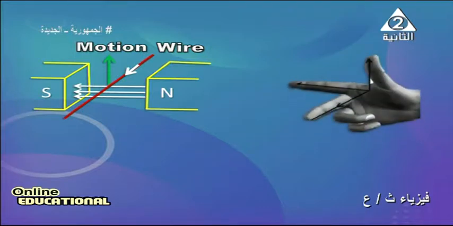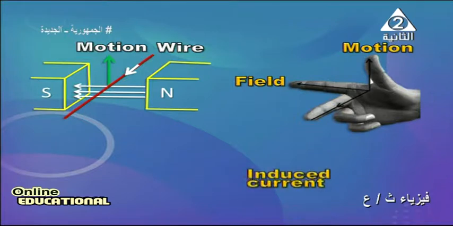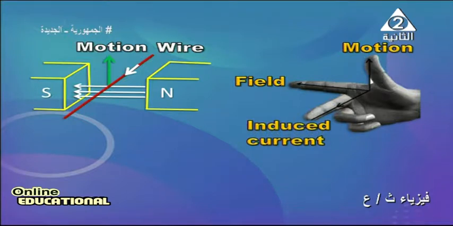Thumb pointing in direction of motion, thumb pointing upwards. Forefinger points in direction of field. So the second finger will give the direction of the induced current. We'll make a little bit of a change to make it a little bit more difficult. Okay, I think it is quite clear.